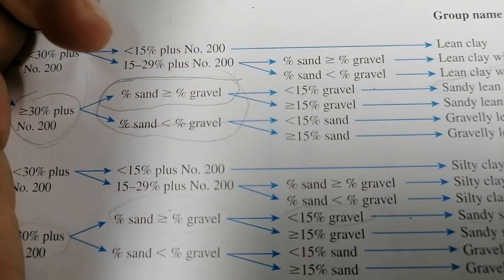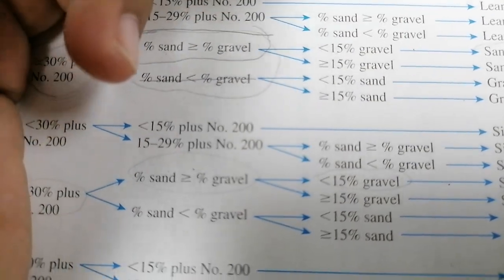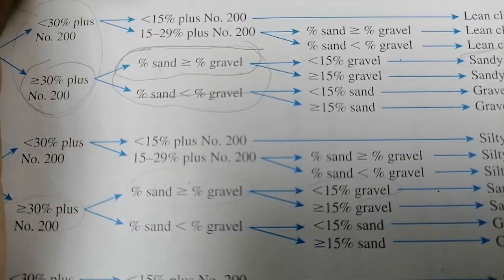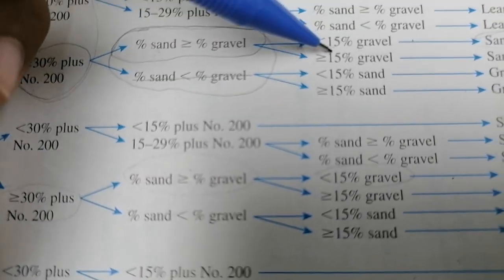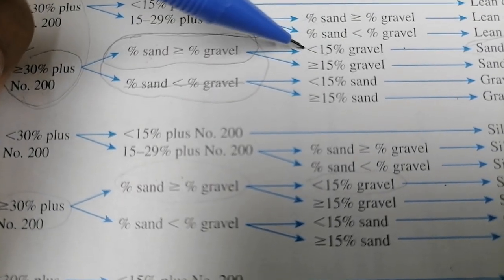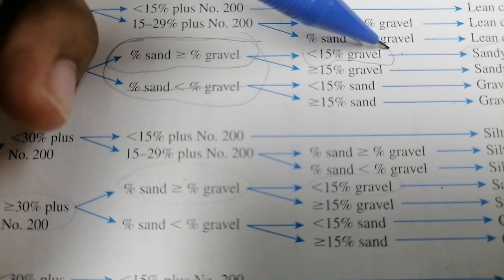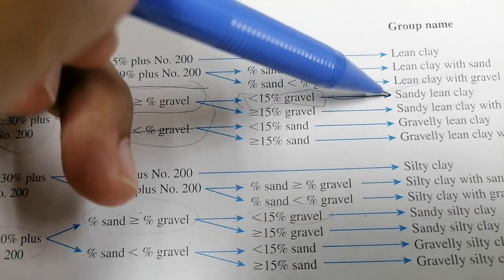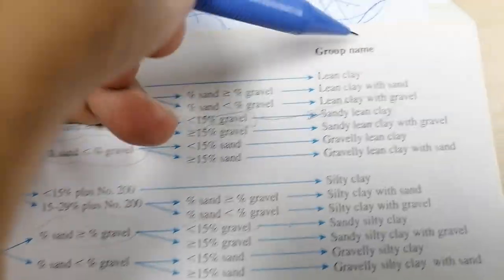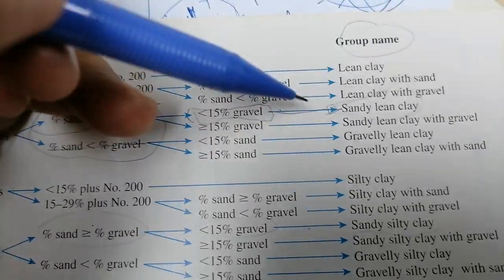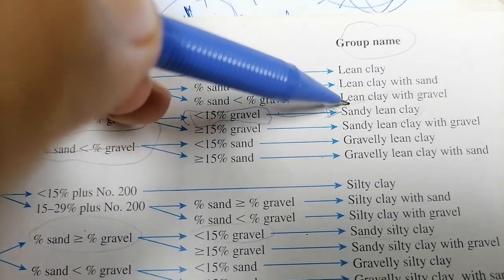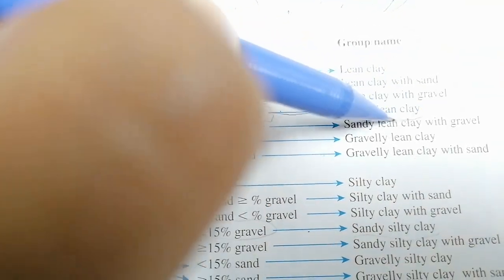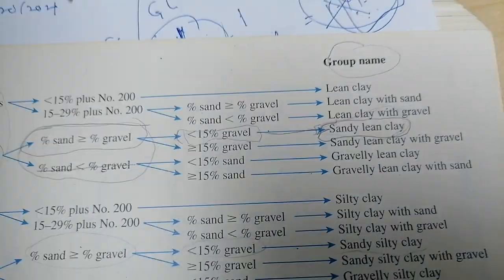0% gravel, I'm sorry. So it is less than 15% gravel. So therefore, finally, this is the answer for our group name. So therefore, our group name is sandy lean clay.